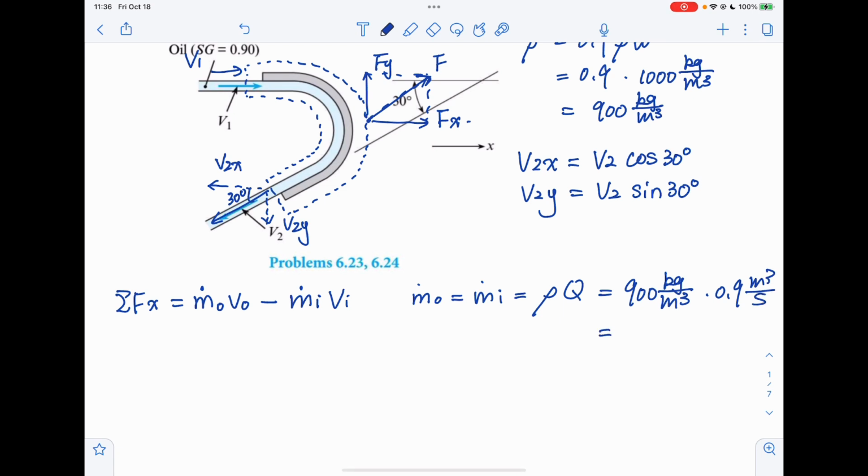So this will be 810 kilograms per second. Okay.